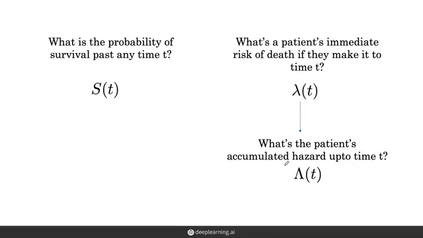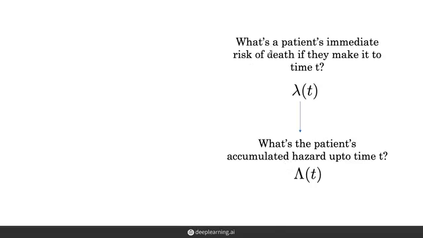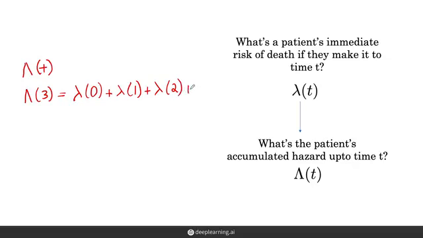And of course, a patient's accumulated hazard up to time t is very related to their hazard at time t. And the relationship we can write in the following way. So we have capital lambda of t, and let's select t to be 3 right now. So we have capital lambda of 3, which is going to be our hazard at all times up to 3. So we have our hazard at 0, plus our hazard at 1, plus our hazard at 2, plus our hazard at 3.